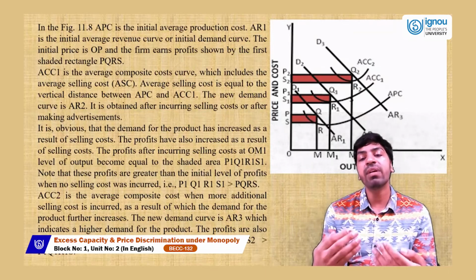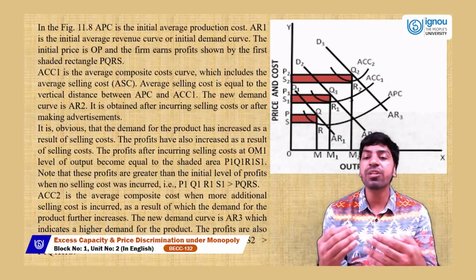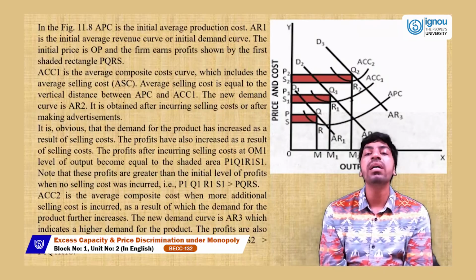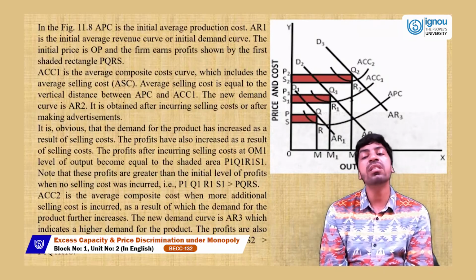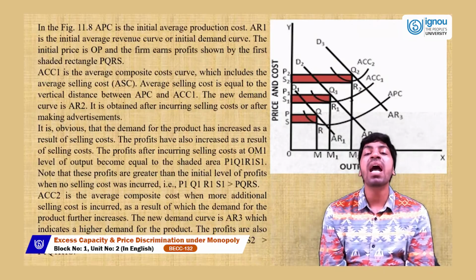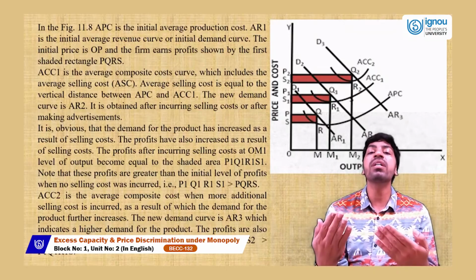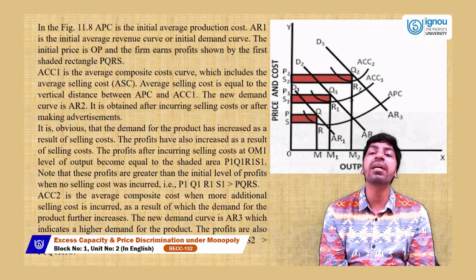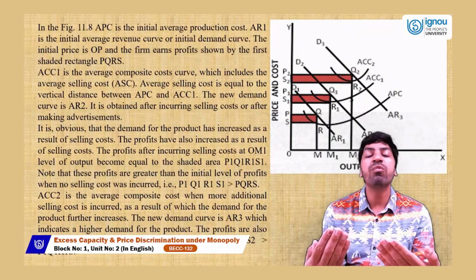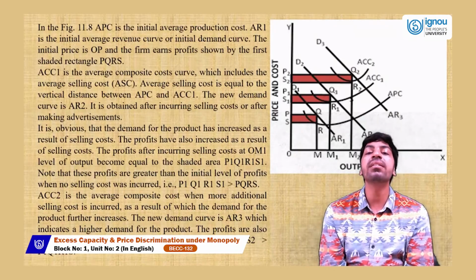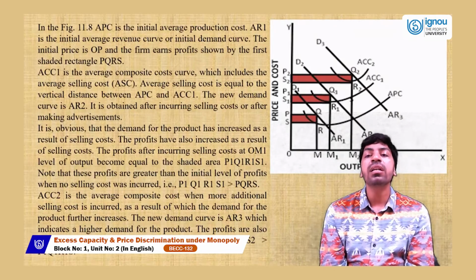So automatically, when everything has increased, a new demand curve is generated, that is called D2, which is equal to AR2, and the firm is earning profits more than PQRS. The new profits the firm is earning are P1, Q1, R1 and S1.